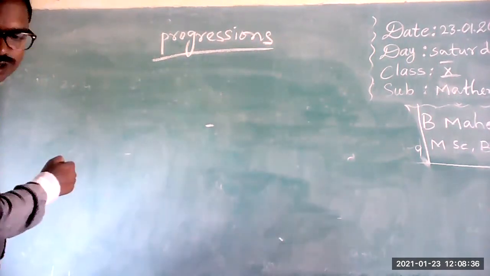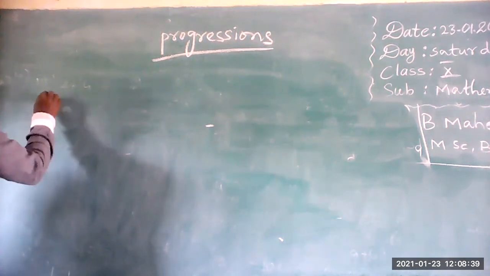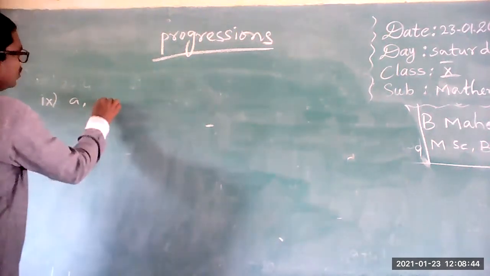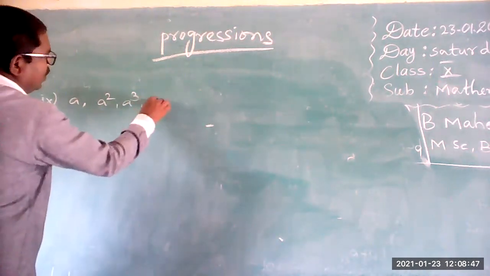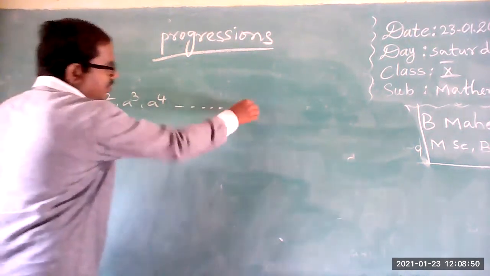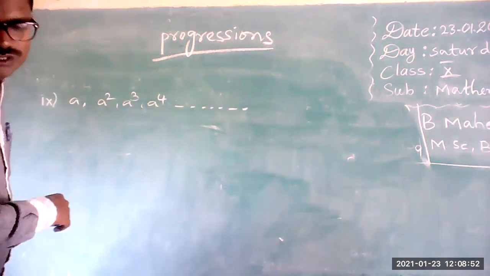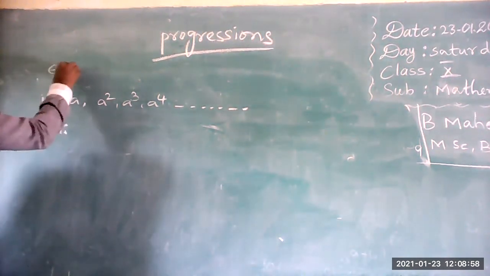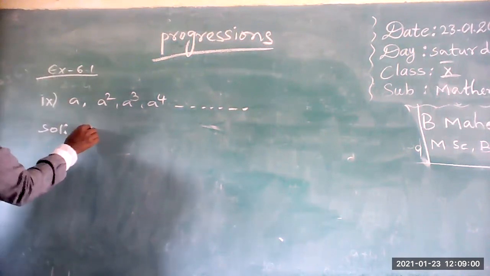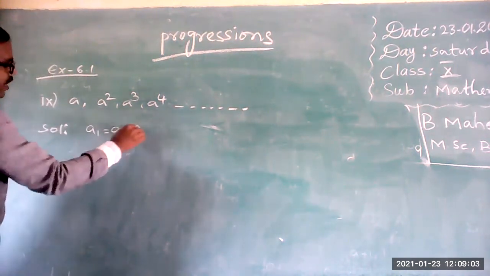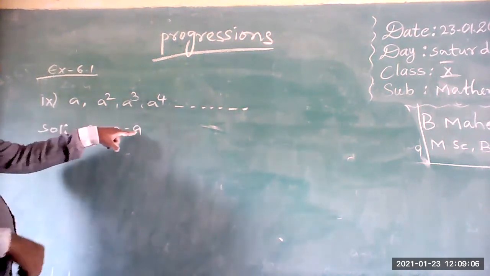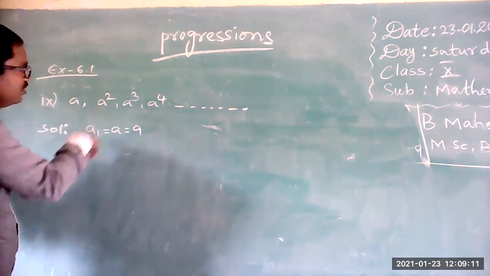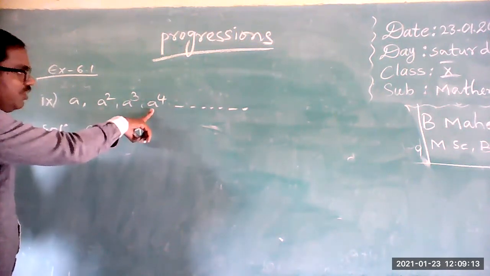Next one. A, A square, A cube, A power 4, and so on. So first write the first term A1 is equal to A is equal to A. The first term is A, that's why the first value is given in the series. The second term is A square, the third term is A cube, the fourth term is A power 4.